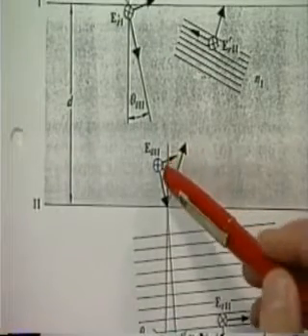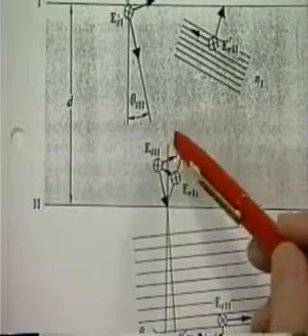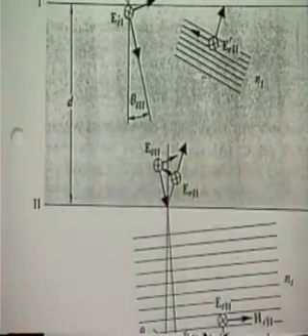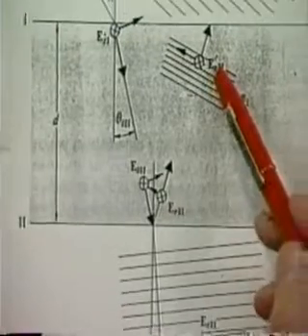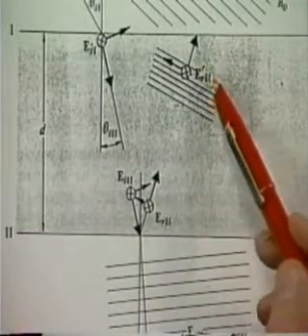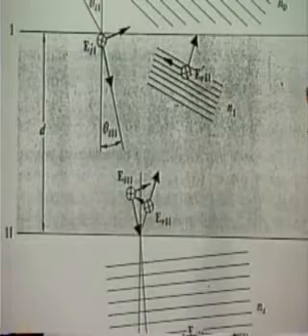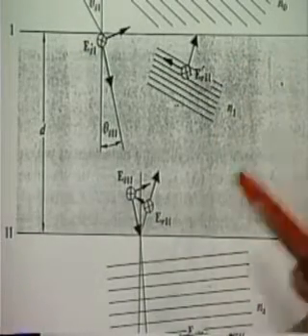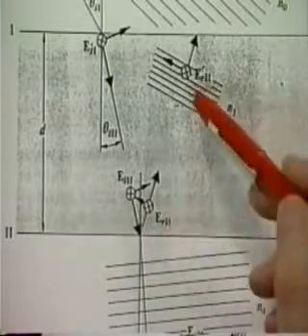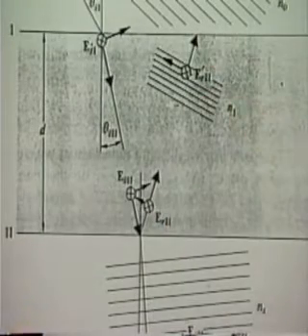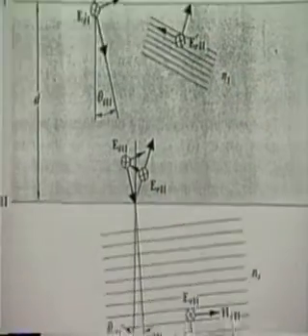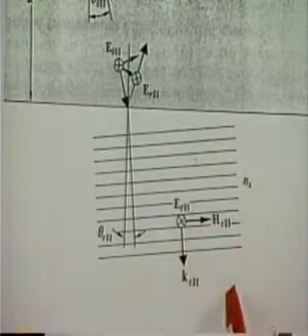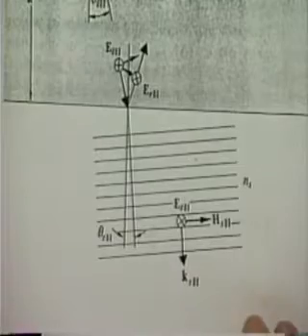E sub I2, the incident electric field on boundary 2, E sub R2. Coming back here, we have E prime sub R2. So E sub R2 here, and when it gets up to the surface, it's E prime sub R2. Transmitted through here, E sub T2, H sub T2, k sub T2.